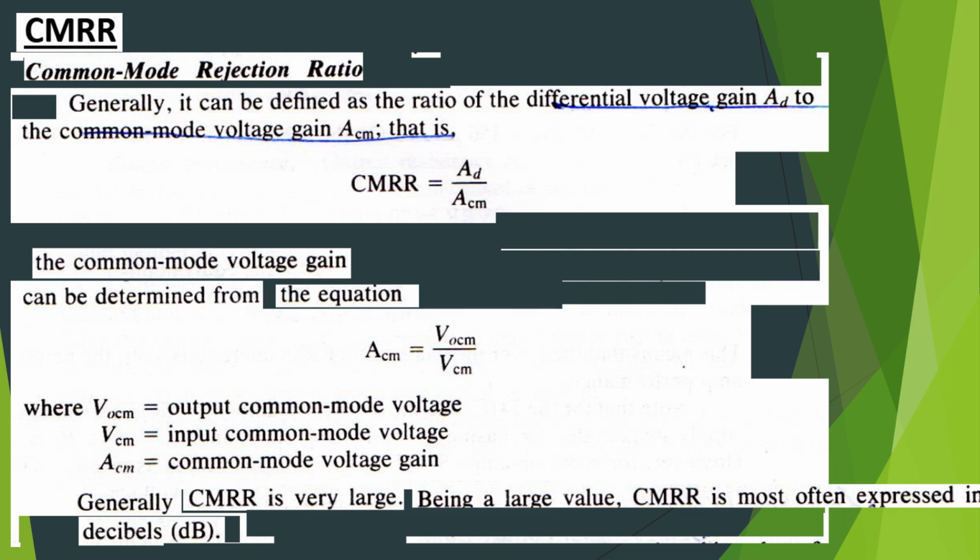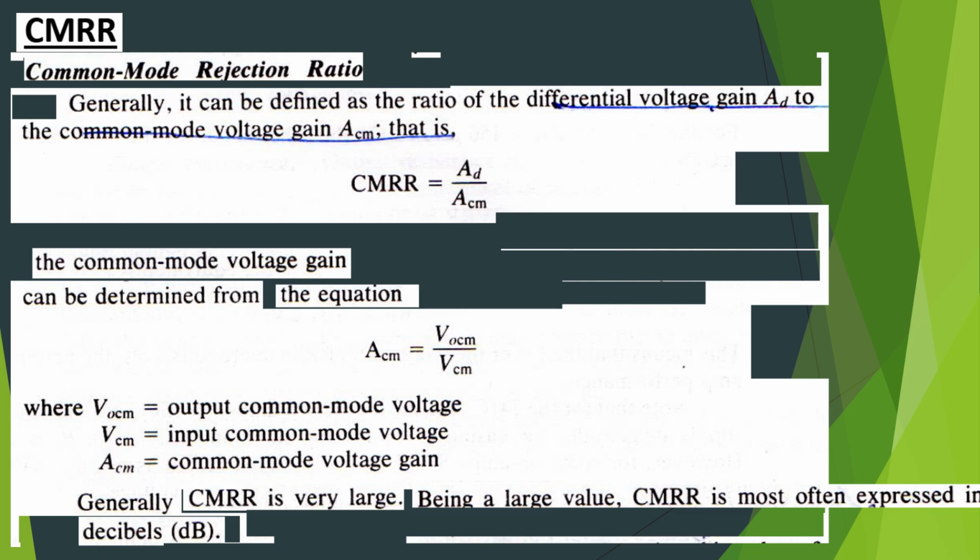The CMRR indicates the ability of the operational amplifier to reject common signals appearing at the two input terminals. So what is the main advantage of this high CMRR?